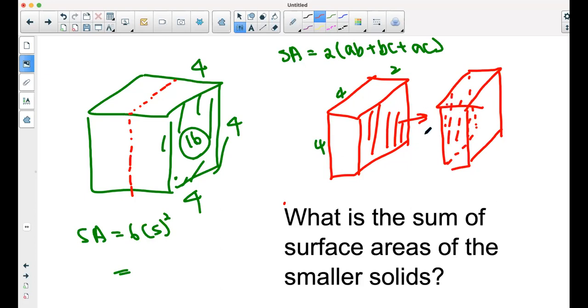These are the 2 newly created faces from cutting. So instead of 6 times s squared, in this case it would be 8 times 4 squared, which is equal to 128. And that becomes our answer for this one.